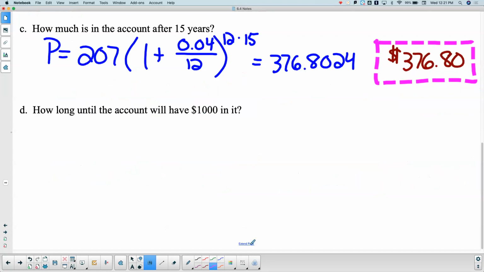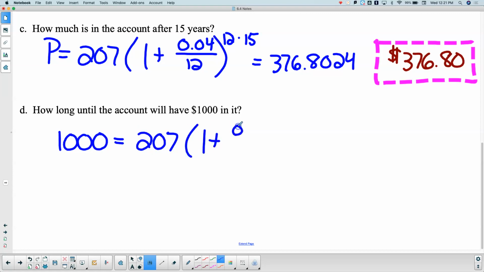Question D. How long until the account will have $1,000 in it? Now, 1,000 is going to be my P. 207 times (1 plus 0.04 divided by 12) to the 12t power.